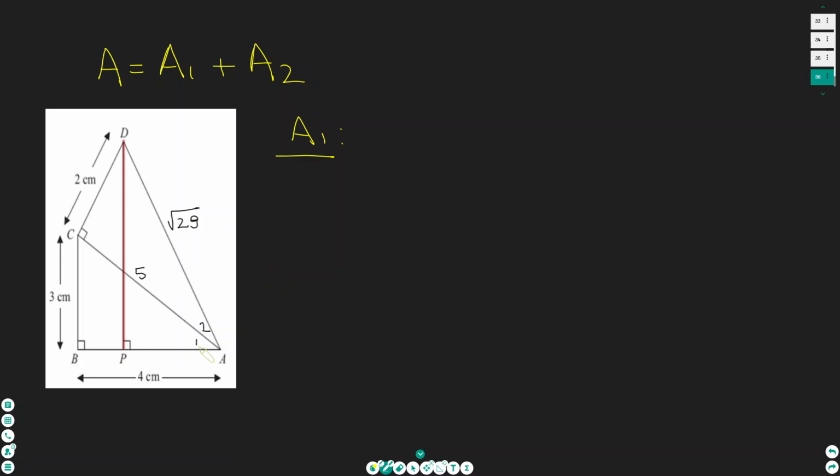To find the A1, we use the right angle triangle CBA, and choosing the right trigonometric ratio, I'm going to use the tan of the angle A, because I have the opposite and the adjacent, and I want to find the angle. So by using the tan A1, then I create this equation.